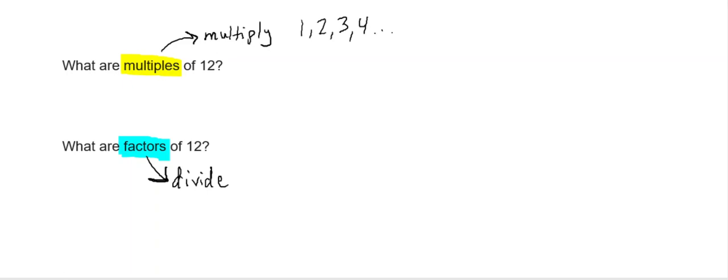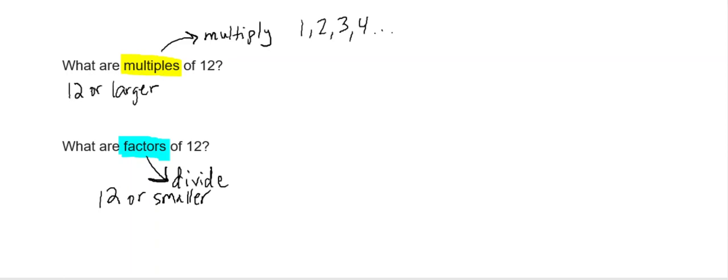So multiples are going to be larger. They're going to be 12 or larger, 12 or greater, so bigger numbers, whereas factors are going to be 12 or smaller, 12 or less, because you're taking numbers that divide into 12.